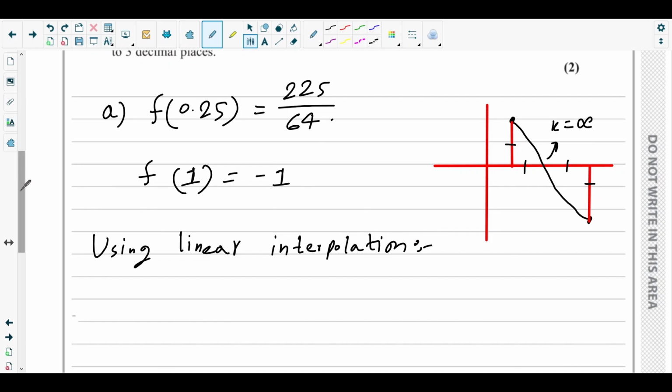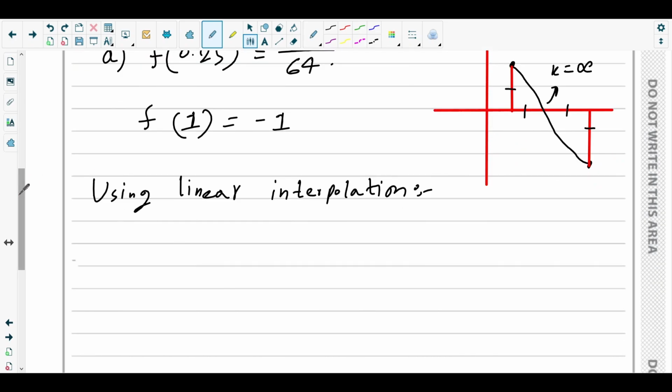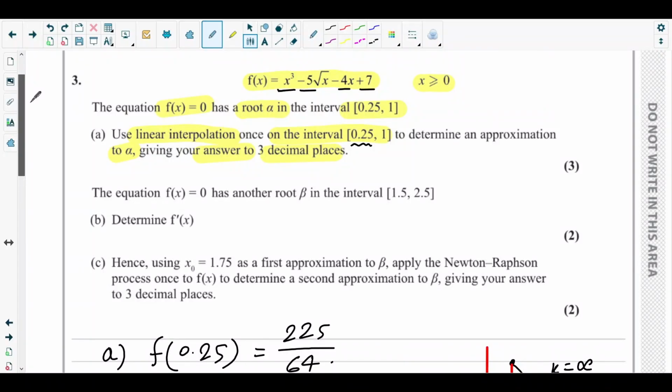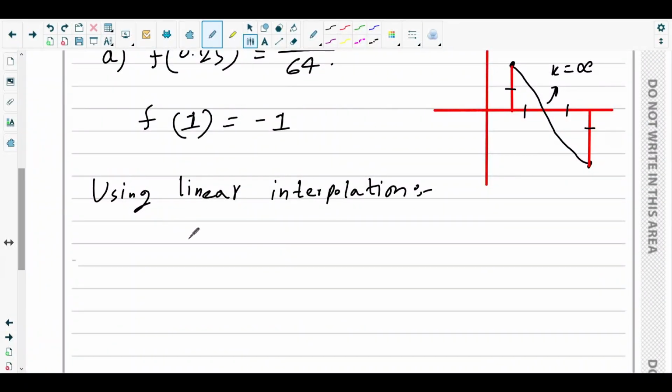They asked for the approximation of alpha. So let's say this point is x.